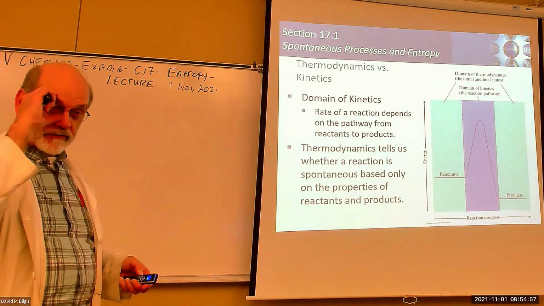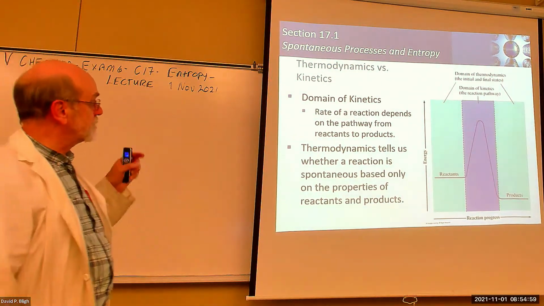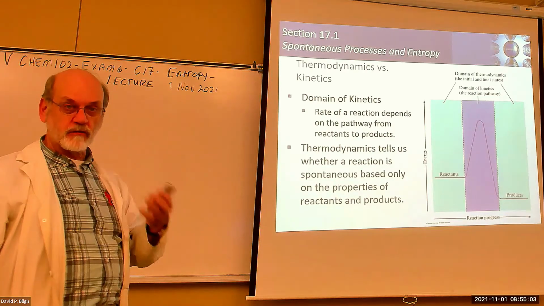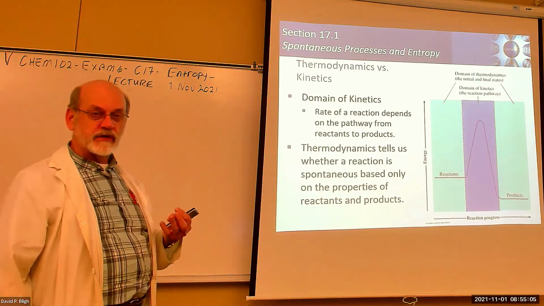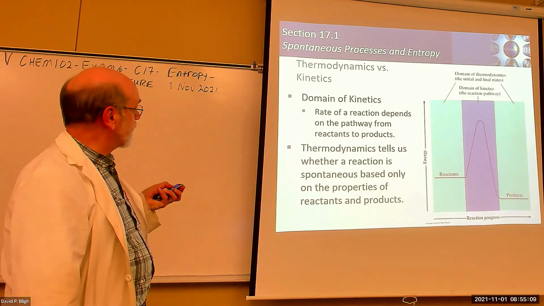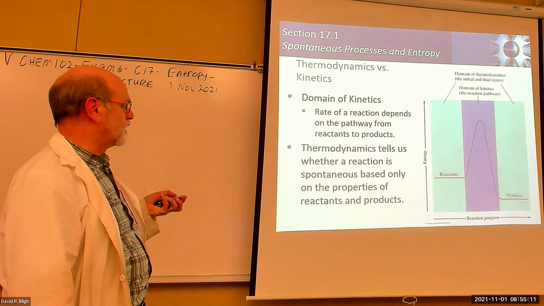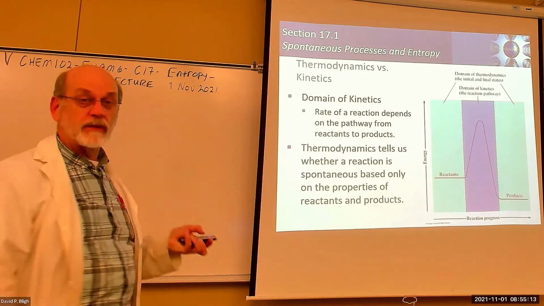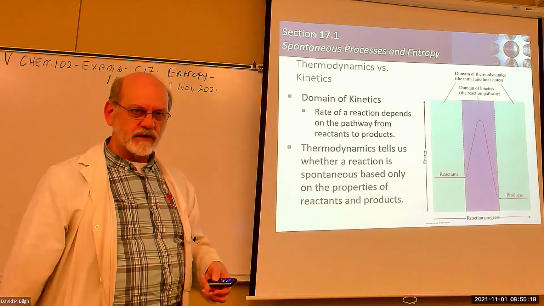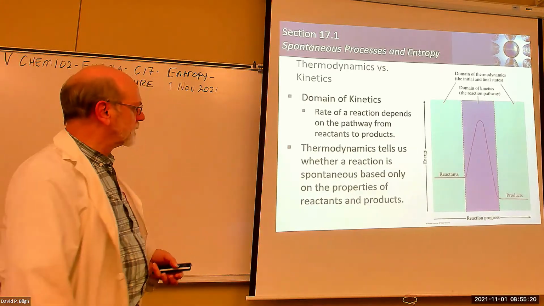background information first. First we studied kinetics, reaction rates. Then we used what we knew there to understand not thermodynamics, but equilibrium. And equilibrium is sort of a subcategory of thermodynamics.